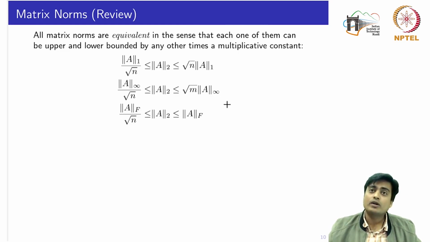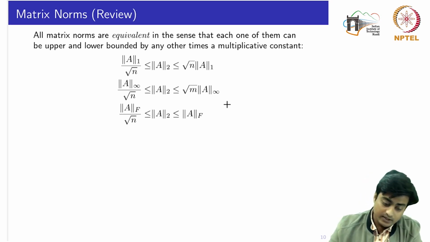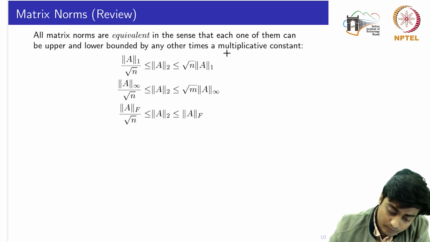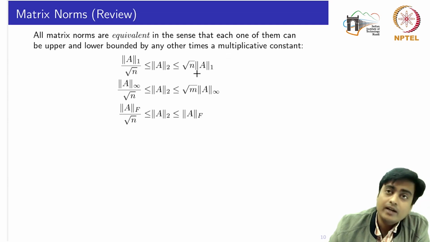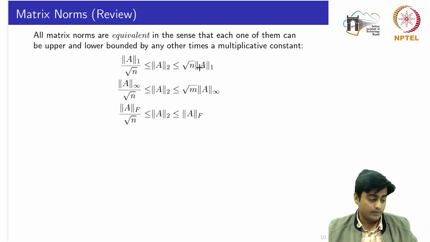So if you also want to compute the relationship between the different matrix norms, this relationship you can use to compute those values, where m and n basically define the dimension of the matrix.